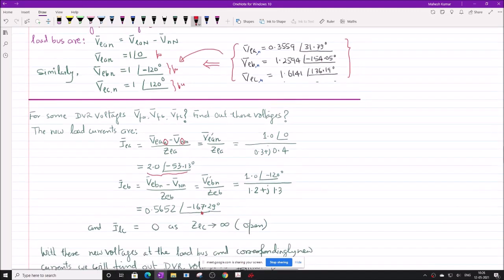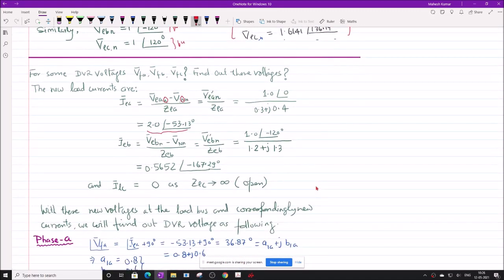ILB will be VLBN minus VNN, which is VLB and dash, and this is found to be 0.5652 angle of minus 66.29 degree. ILC is 0.